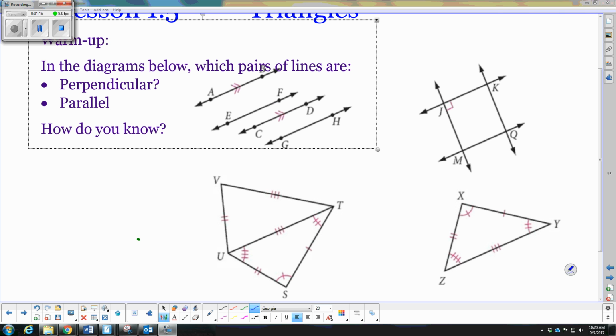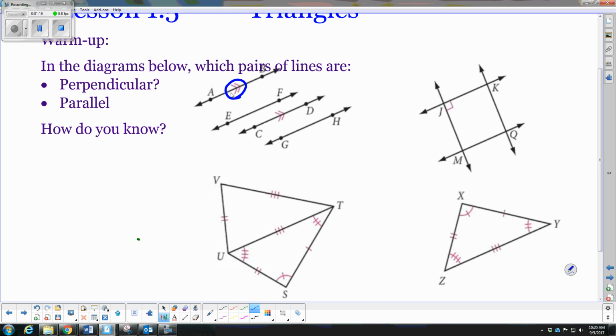So the pair of lines that are parallel are going to be marked by these arrows, indicating that these two lines are parallel. Now, they all look parallel, but you can only conclude that line AB is parallel to line CD because it has the parallel markings.